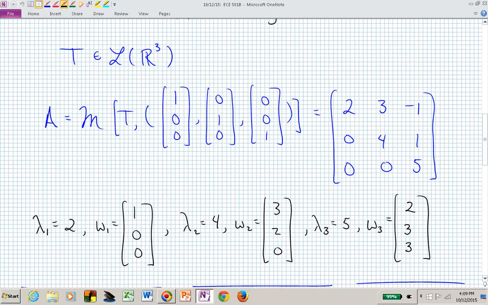And the eigenvector W2, what do you know about that relative to a null space? Can you make a statement about W sub 2 and the null space of some matrix?